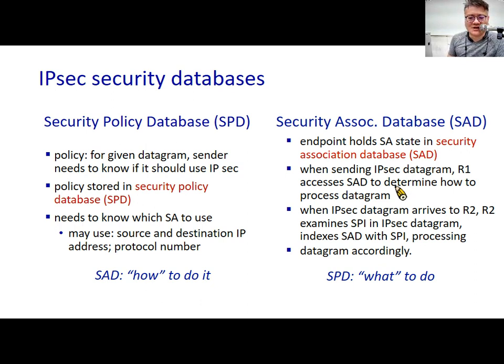Then when the IPsec datagram arrives from R1 to R2, R2 looks at the SPI in the IPsec datagram, indexes the SAD with the SPI, and processes the datagram accordingly. So it's the security association database.